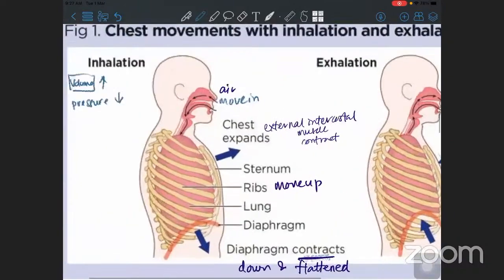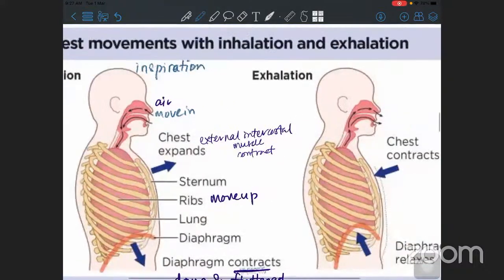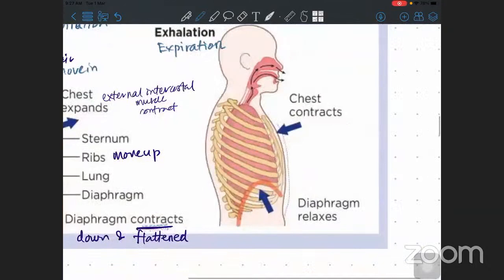This inhalation we can also call inspiration, and this one we call expiration. Here the chest will contract and the diaphragm will relax, so that it becomes a dome shape.